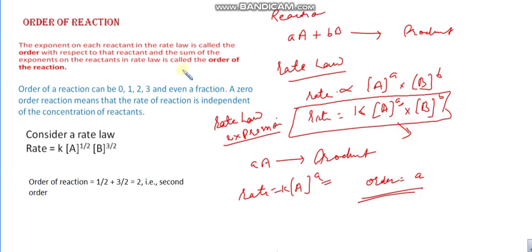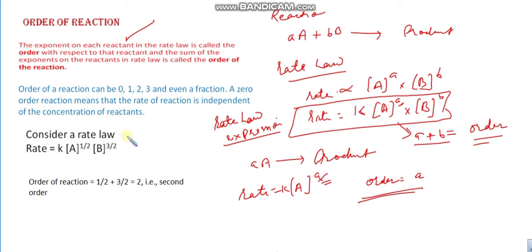And in the second part, the sum of the exponents on the reactants: if there are two or more reactants, then the sum of the powers raised to the concentration terms in the rate law expression, we can write a plus b. So it is the order of reaction.